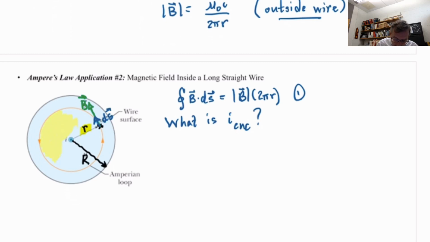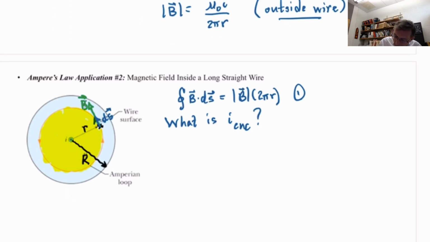It's only that disk of radius little r. Right? I'm trying to shade that in like that. It's that surface that I have to get the I enclosed for. No other surface. That.